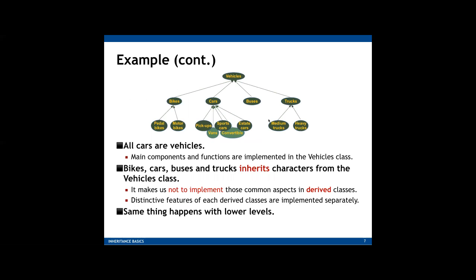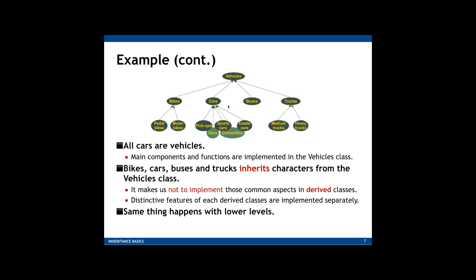Like in this graph, you put common properties of vehicles in the vehicle class. Then bikes, cars, buses, and trucks inherit the vehicle class so that they inherit all common properties defined in this vehicle class.